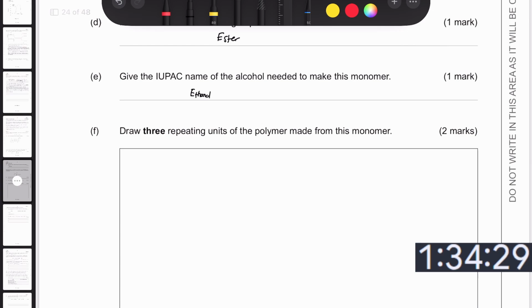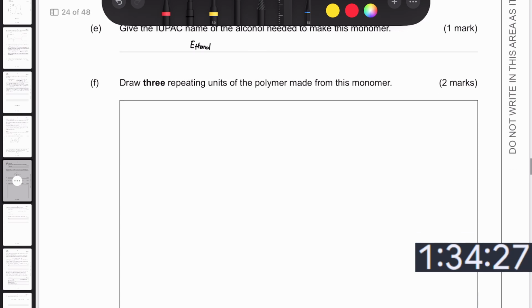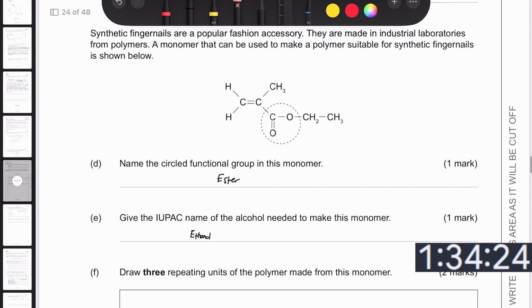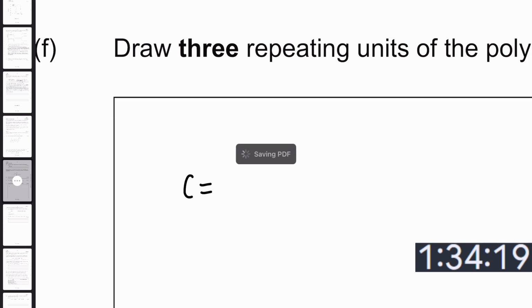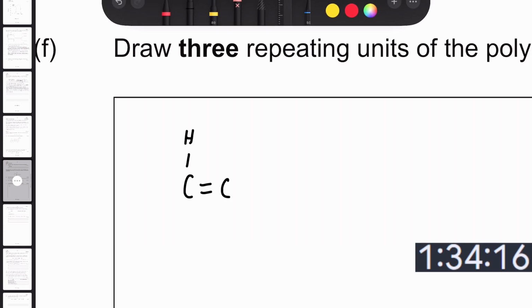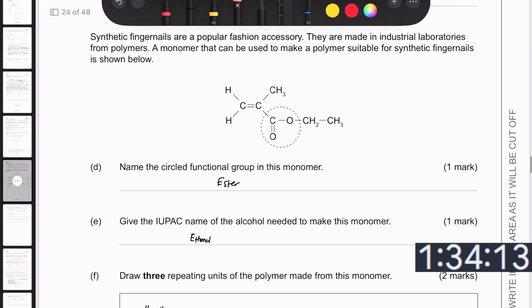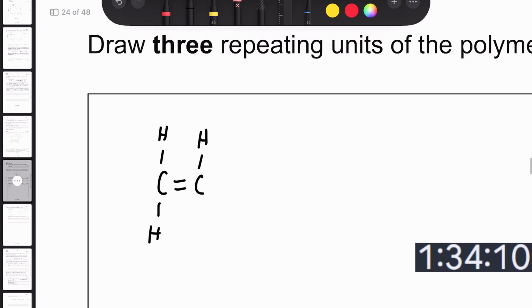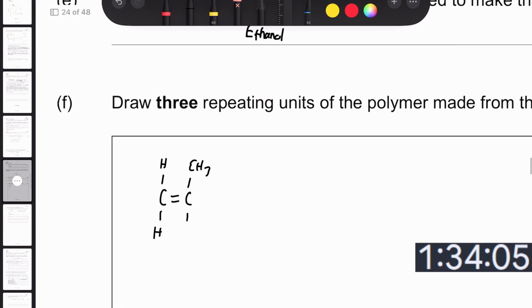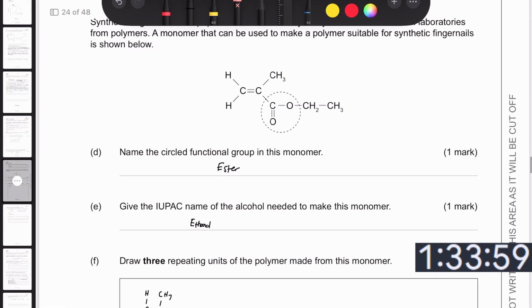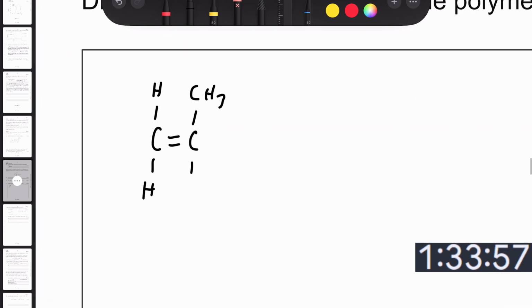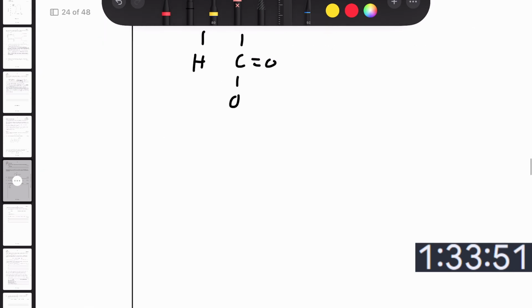Draw three repeating units of the polymer made from this monomer. You're actually joking. Okay, so it's going to be C, double bond C. This is the monomer, so H, and then there's an H, and I think it was H, and then it was CH3. And down here there's an ugly C. It was C, O, O, and then CH2, CH3.